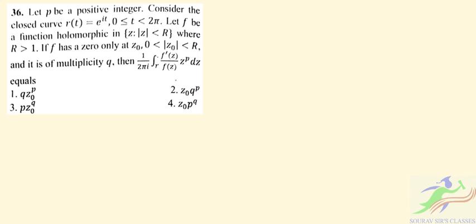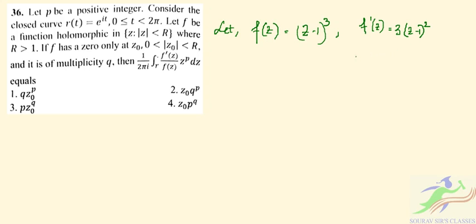Okay, 1 by 2 pi i times the integral of f prime z by f z, times z to the power p. Let us write f(z) equal to (z minus 1) whole cube, and f prime z will be 3 (z minus 1) whole square. So here q is equal to 3, the multiplicity, and f has a zero only at z0 equal to 1.